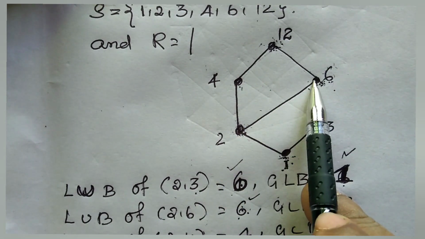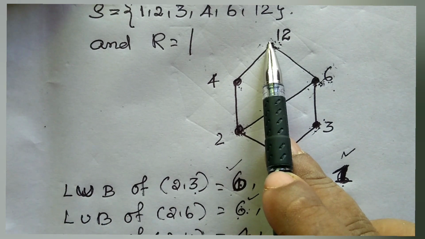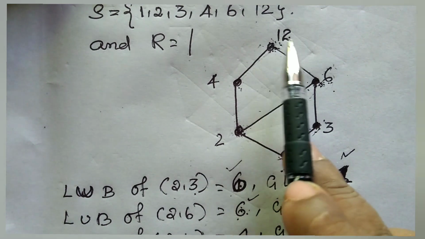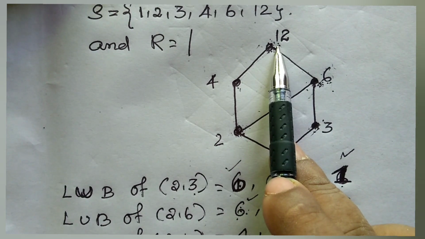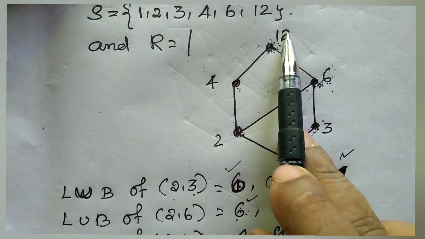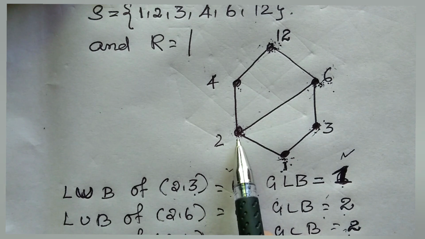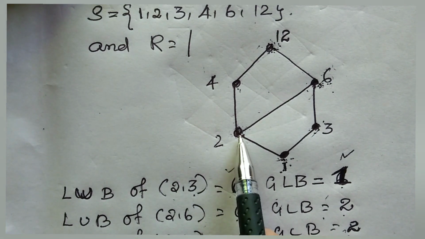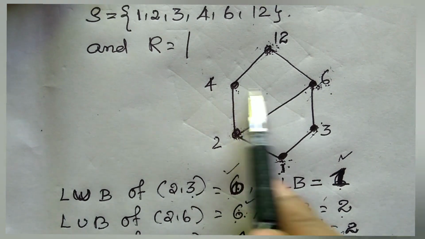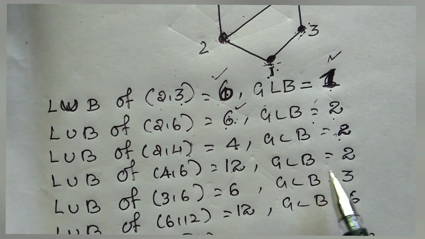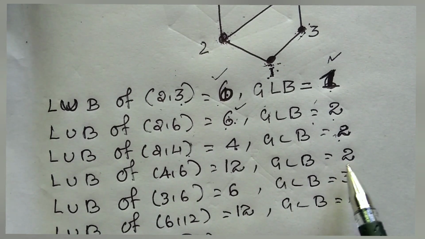The upper bound is unique, so the LUB is 12 and the greatest lower bound is 2.